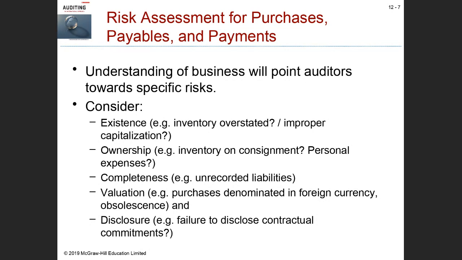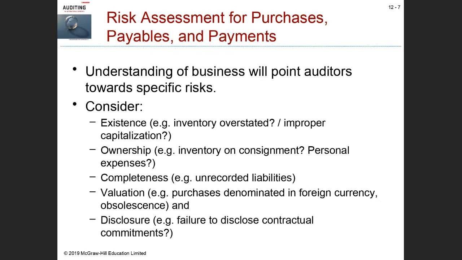Management might prefer to carry forward their obsolete inventory in their balance sheet, because if they reduce their inventory, they have to charge that cost to cost of goods sold. And if cost of goods sold increases, that means their profit is going to decrease. But from an auditor's perspective, of course, you don't want inventory to include obsolete items.